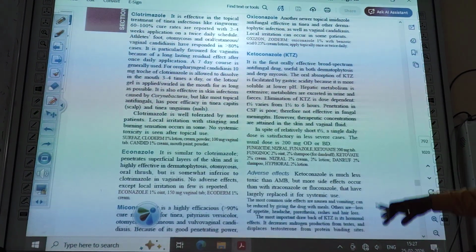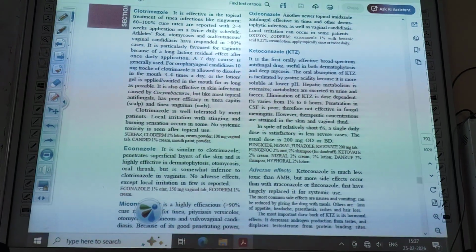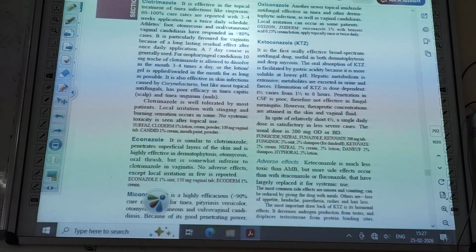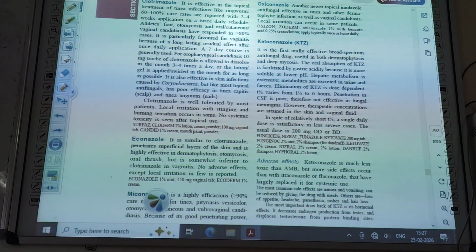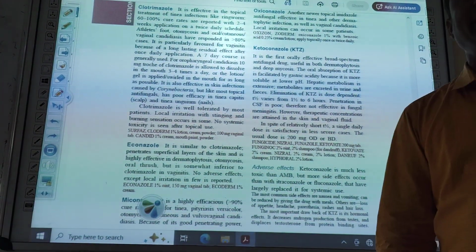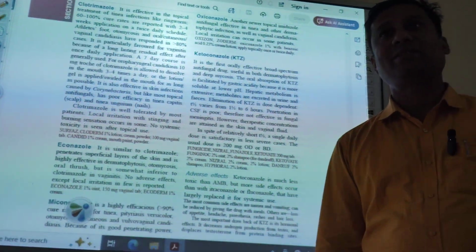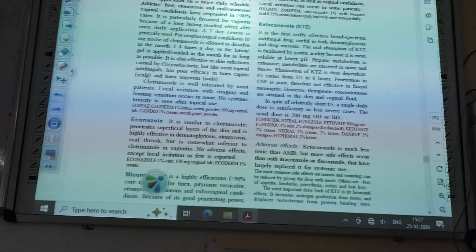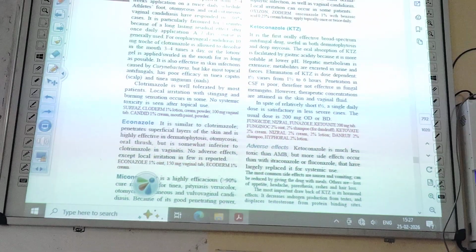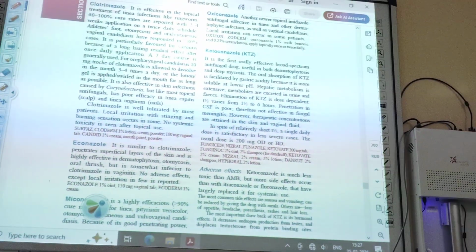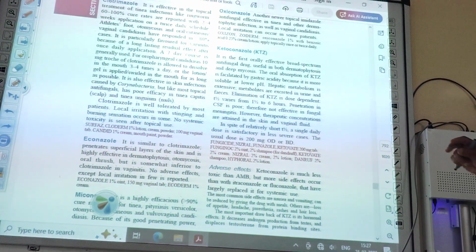Then ketoconazole. It is a fast, orally effective, broad spectrum antifungal drug. If treatment with clotrimazole is not successful, then ketoconazole is used.